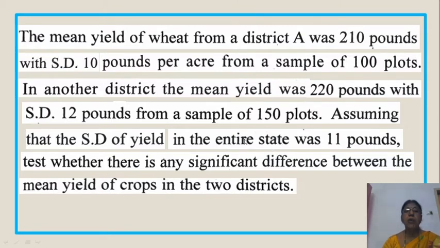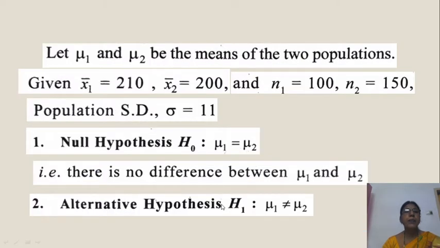So SD of population, that is sigma, is 11 pounds. Test whether there is any significant difference between the mean yield of crops in two districts. We have to test whether there is any significant difference between the mean yield of crops in two districts.